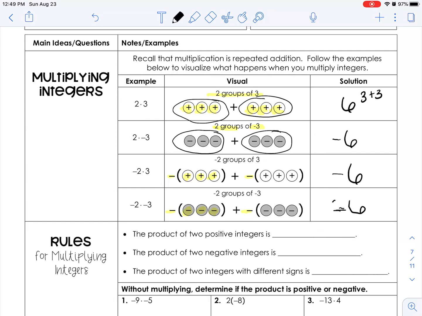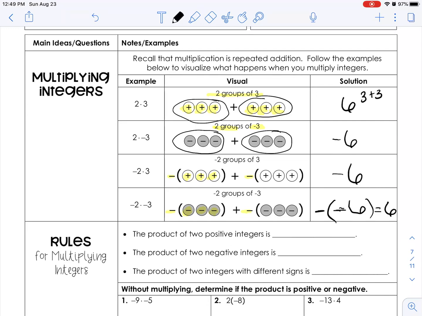But then remember, each group is also negative. So that negative for the group and the negative for the 6 negative counters gives us a positive 6.